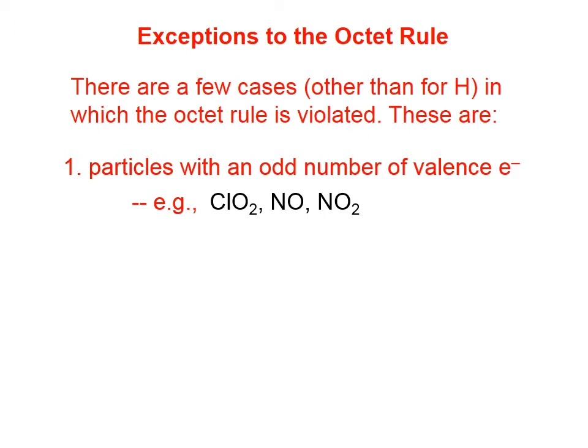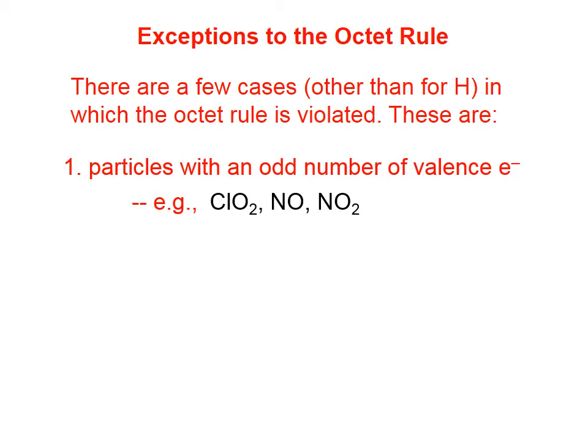We saw in an earlier lesson, with regard to resonance, that the Lewis structure idea breaks down a bit. The Lewis structure model breaks down whenever you have particles with an odd number of valence electrons. You can't draw an octet for one or more of these atoms.